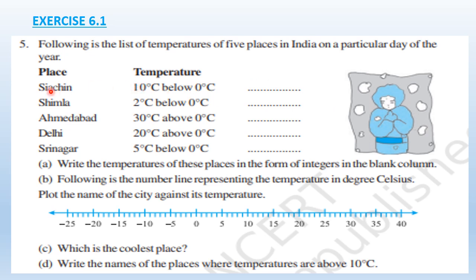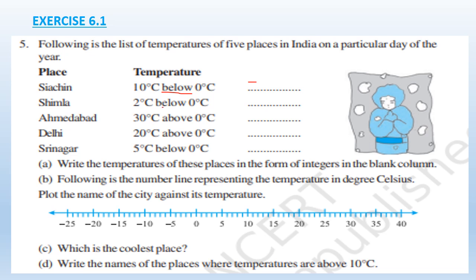Now first of all, tell me, Siachen has a temperature of 10 degrees Celsius below 0 degrees Celsius. As I told you, below 0 degrees Celsius means minus. So first of all you can mention: below is there, that's why minus.